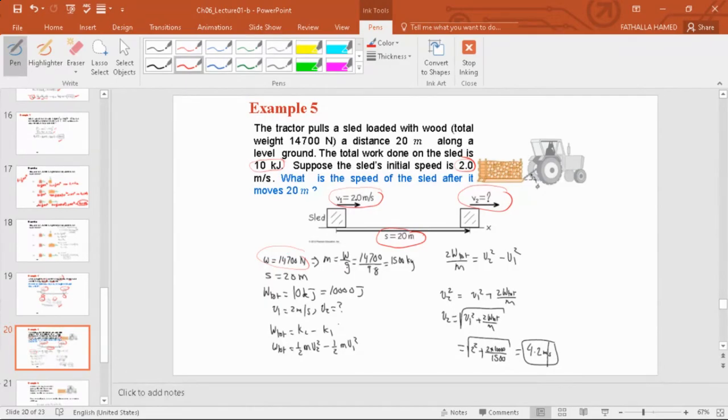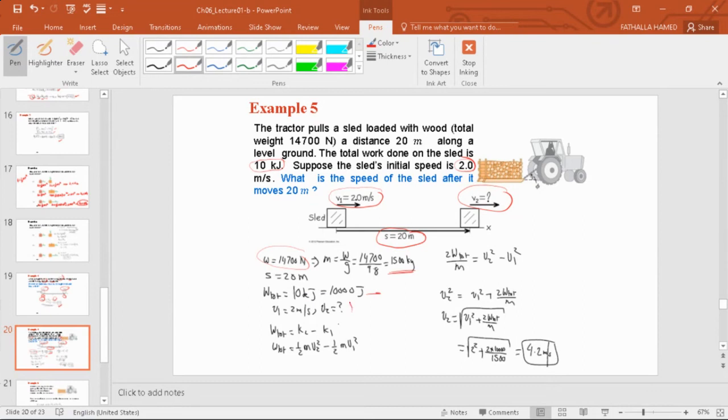From this, we can get the mass by dividing the weight by g, and the mass is 1,500 kilograms. They give us the total work, which is equal to 10 kilojoules. And you know, kilo is always 1,000, so it is 10,000 joules.